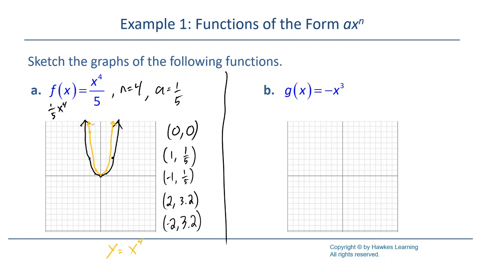And so by multiplying it by a fraction, specifically a fraction between 0 and 1, it actually stretched out the function because the orange is the original. So notice it's widened that original function.